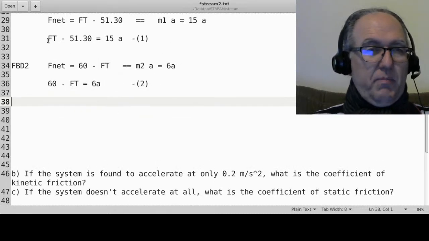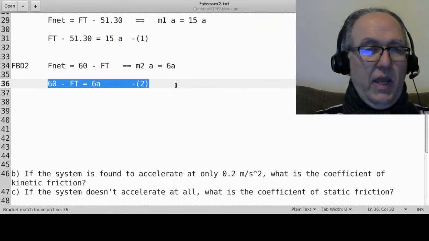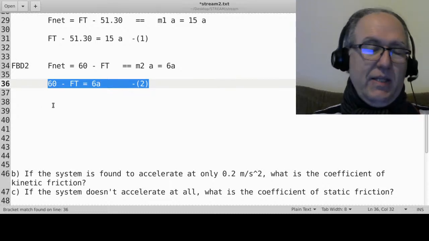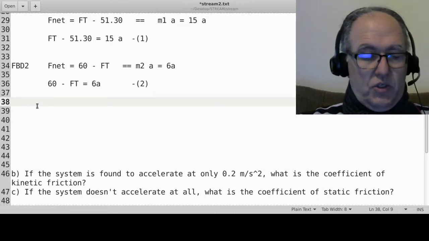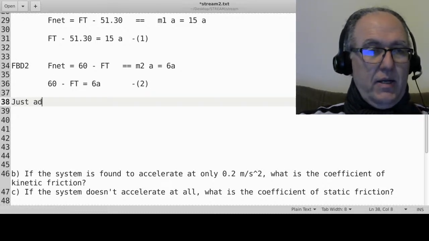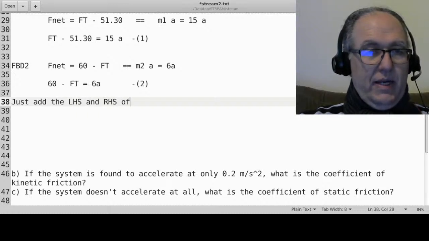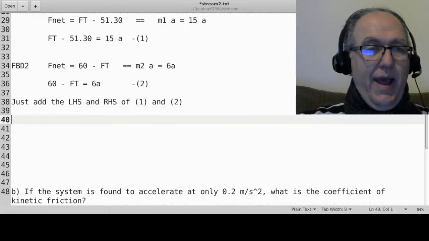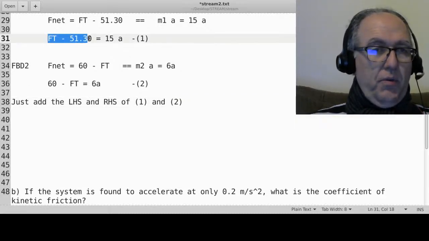The easiest way to do these, because there are two equations and two unknowns, is, you could play the game of isolating and substituting, but just add the left-hand side and right-hand side of 1 and 2. I could just show you.